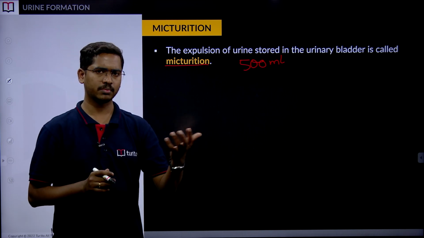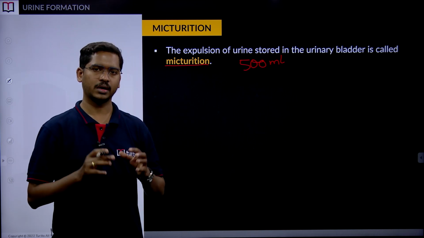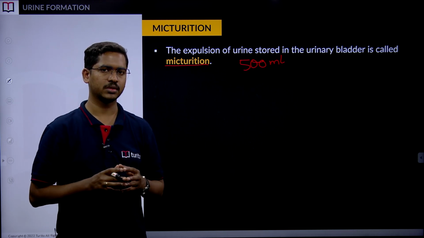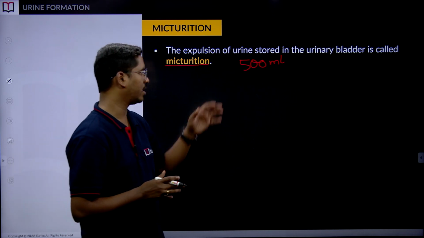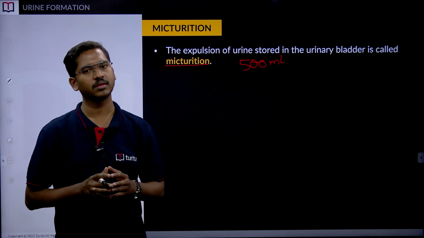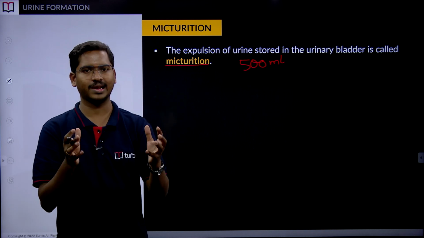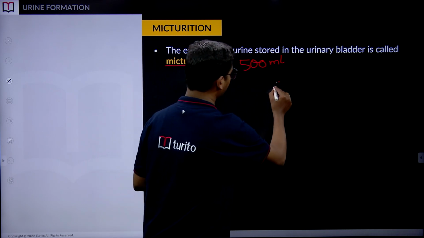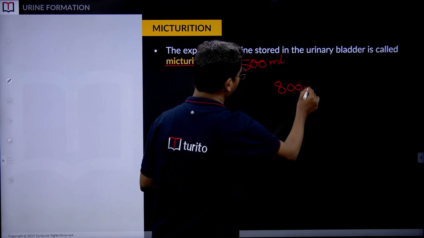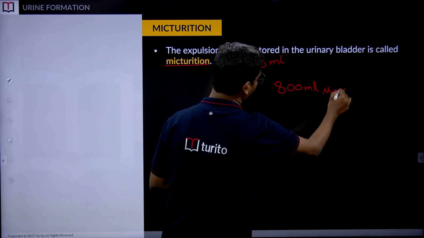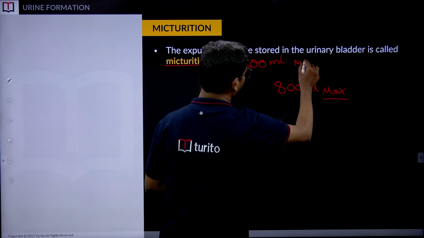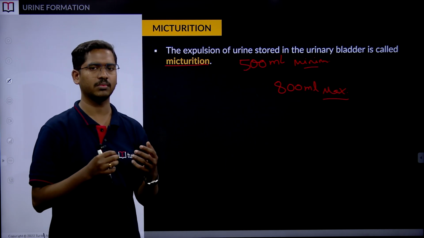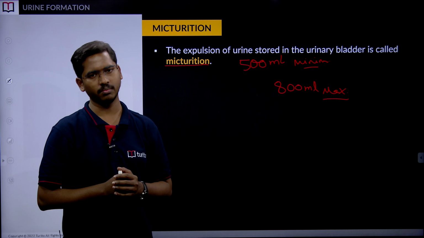For an average adult human being, the capacity that just fills the bladder is 500 ml, and under extreme cases, when the urinary bladder can stretch a little and hold some more urine, that amount comes to be 800 ml.